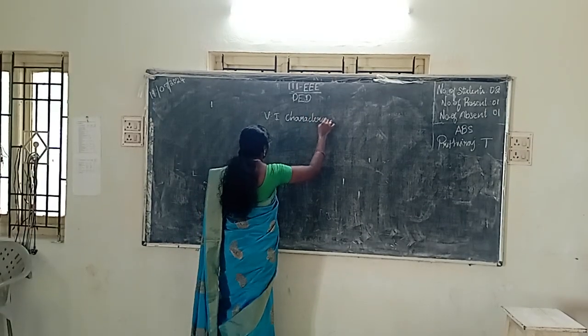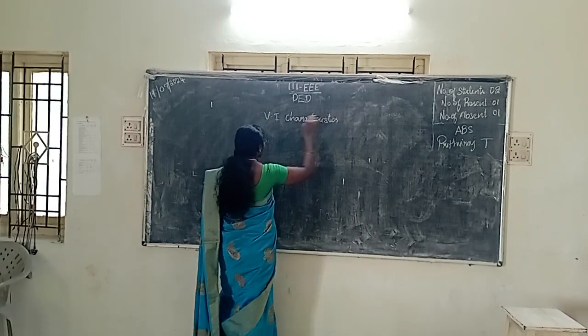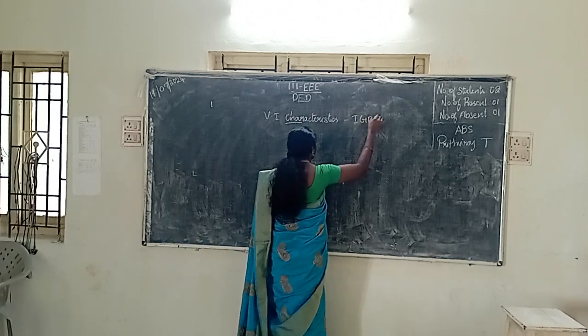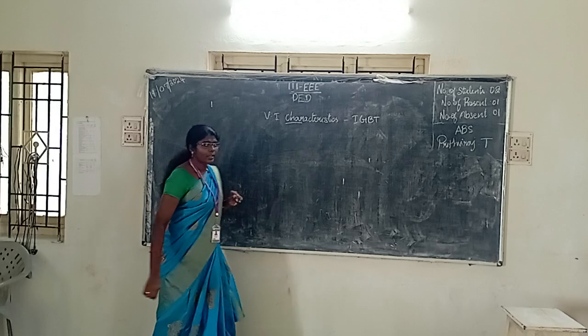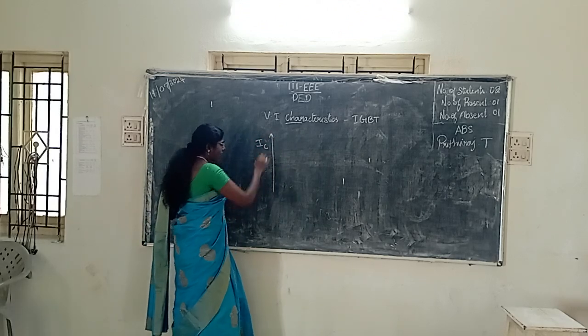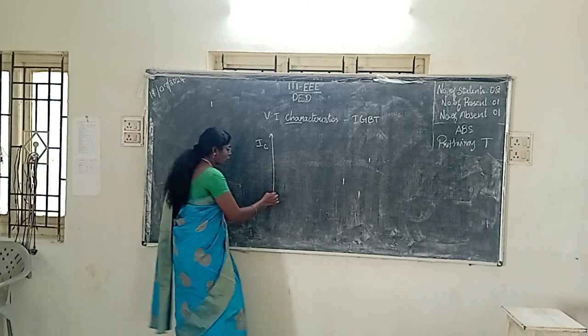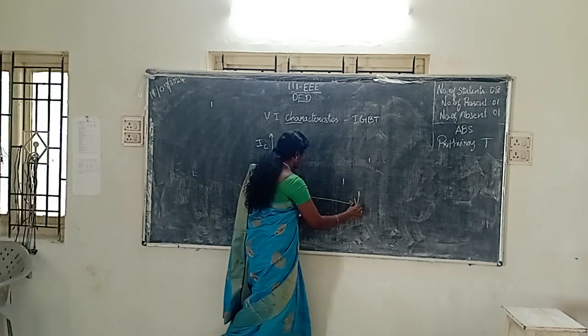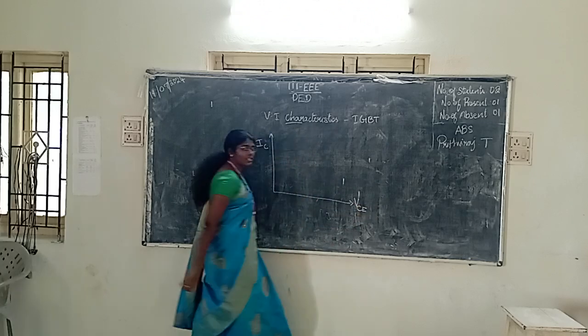Next is the VI characteristics of the IGBT. Who is going to vary? Current IC, with respect to voltage, collector emitter VCE.